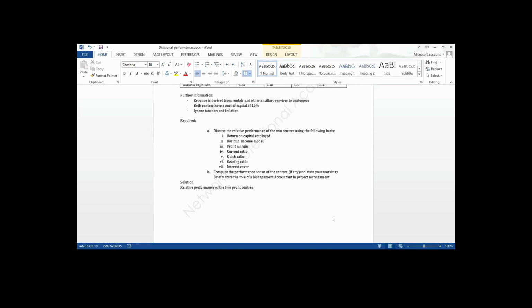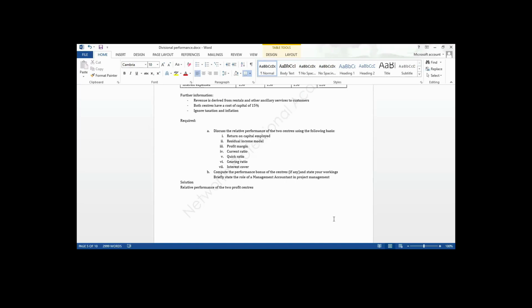When we say debt, we are referring to long-term debt over equity funds. Or you can calculate gearing as debt over total capital.